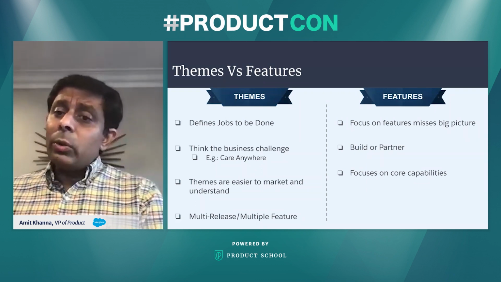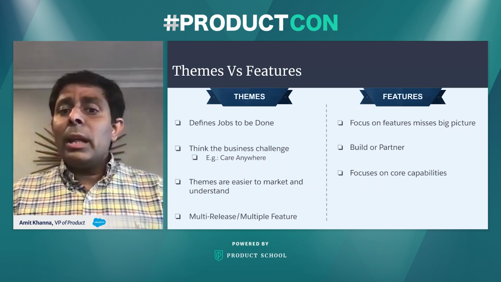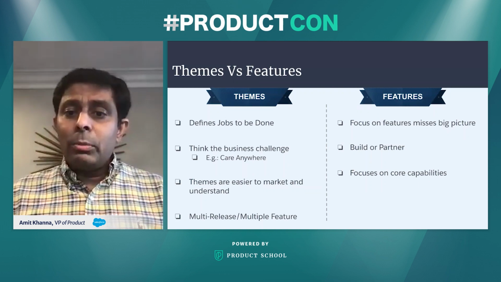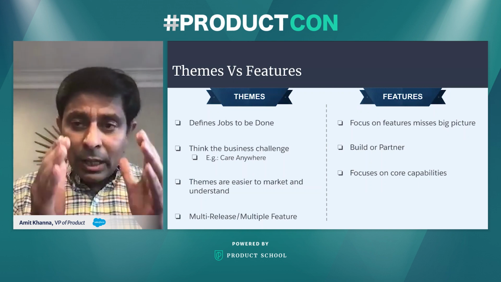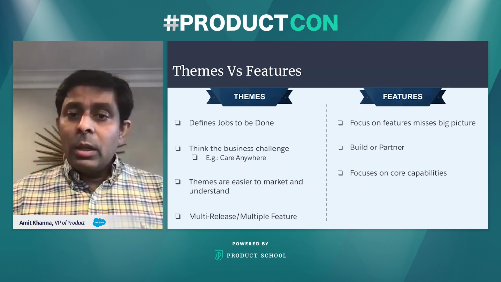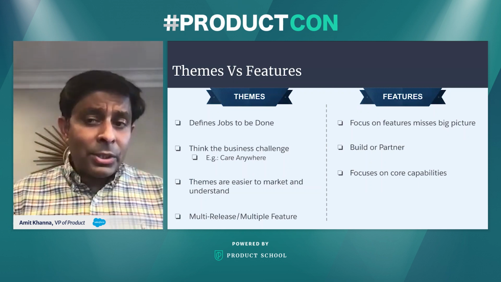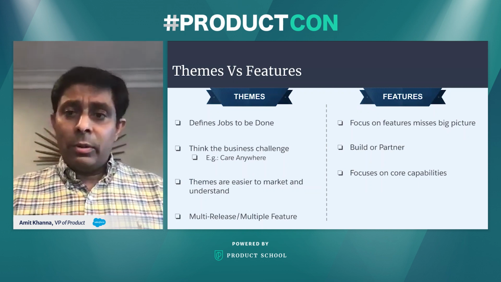If you were to build your roadmap just concentrating on features, not this big theme, you might end up missing that big picture. You might just focus on one feature and deliver it best, missing out on the bigger story to solve. And also you will not be able to think about whether you should be building this feature or partnering for this feature.